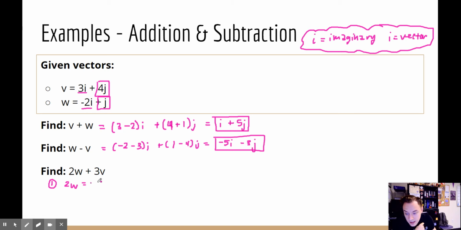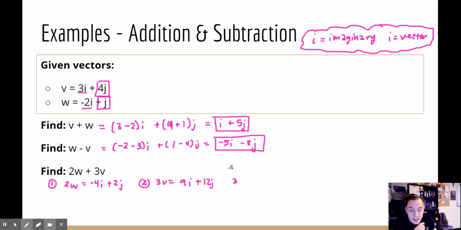So that's going to be negative 4i and then plus 2j. Okay, negative 4i plus 2j. That's what I get. My second step is to find 3v. So 3v equals, I'm just multiplying 3 to everything. So that's going to be 9i plus 12j.